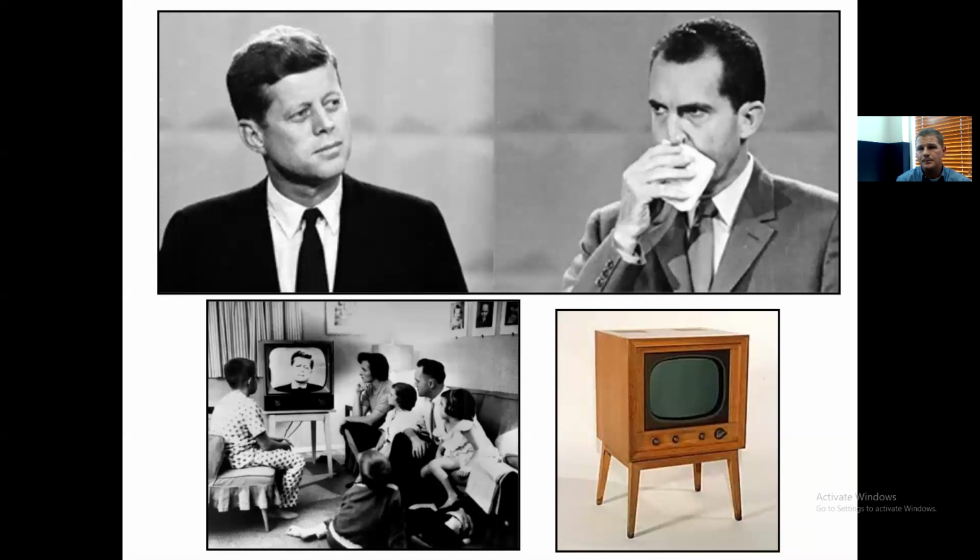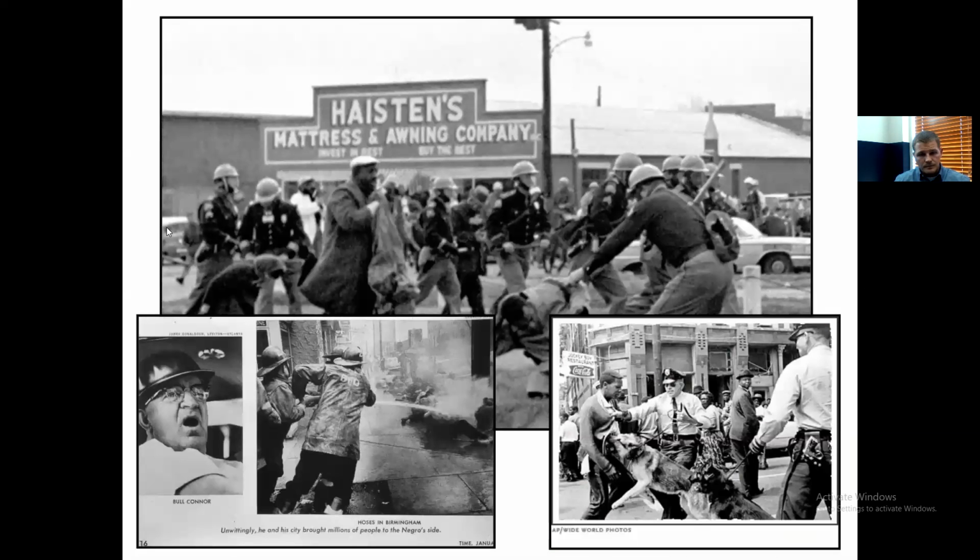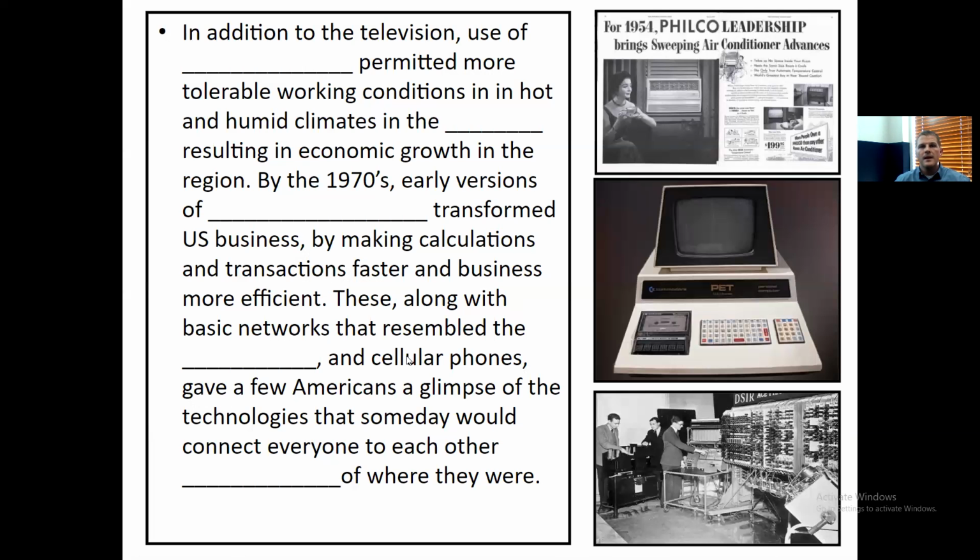If they listened to it on the radio, they felt Nixon won. So there's some perspective there that has to go. As was mentioned, you can see the attacks on the Selma March that were going on, and people really began to question, whoa, what's really going on in the South?